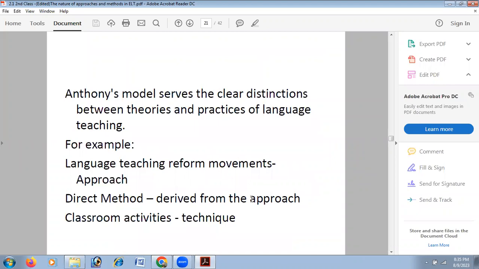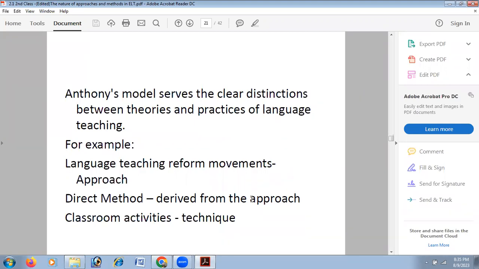Anthony's model serves the clear distinction between theories and practices. So we have language theory and we have language practice. In case of Anthony's model of approach, method, and technique, in language learning we need theory, and not only the theory, we have to practice the theory in the classroom. For this reason, we say that the language teaching reform movement is an approach.